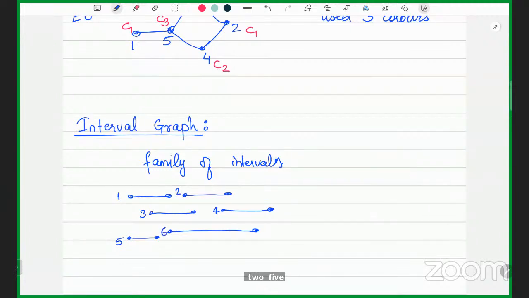I have 6 intervals. From these intervals, I construct a graph. How do I construct it? I first put one vertex for each interval. So I have 6 vertices here. And now I put edges between those vertices whose corresponding intervals overlap.